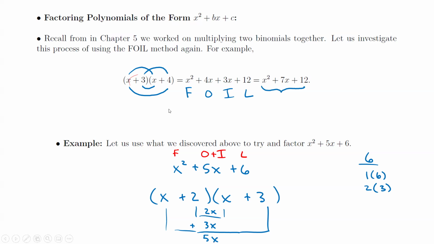So that means that the proper factorization of x squared plus 5x plus 6 is x plus 2 times x plus 3. So as a general rule, I can look at the constant term, think about the ways that it can multiply, and figure out which of those, if you put them in those slots, would make the outside plus the inside equal the correct middle term.